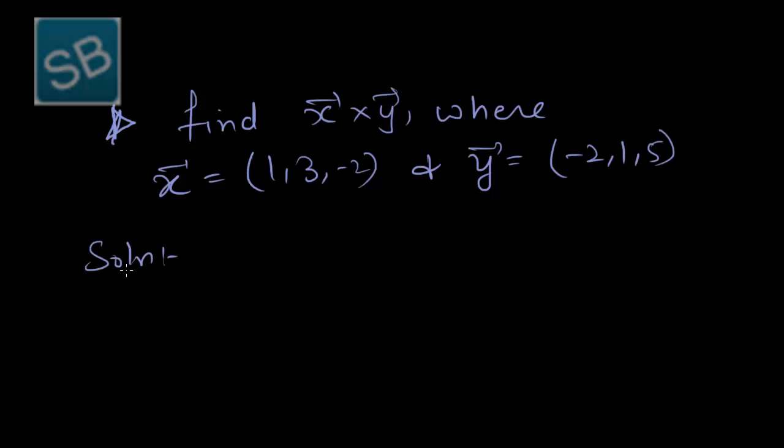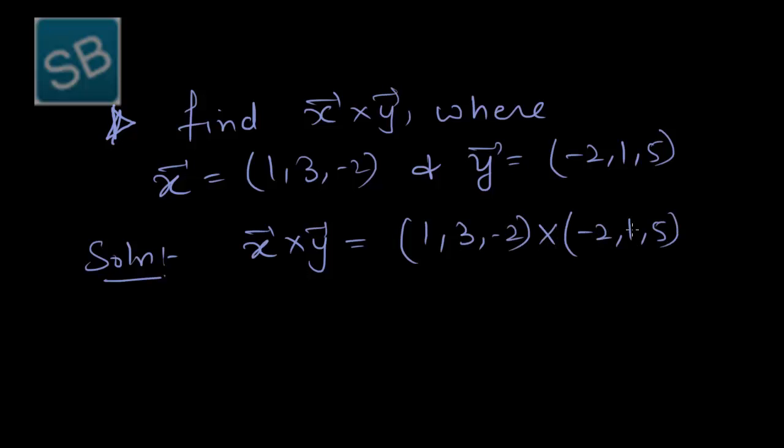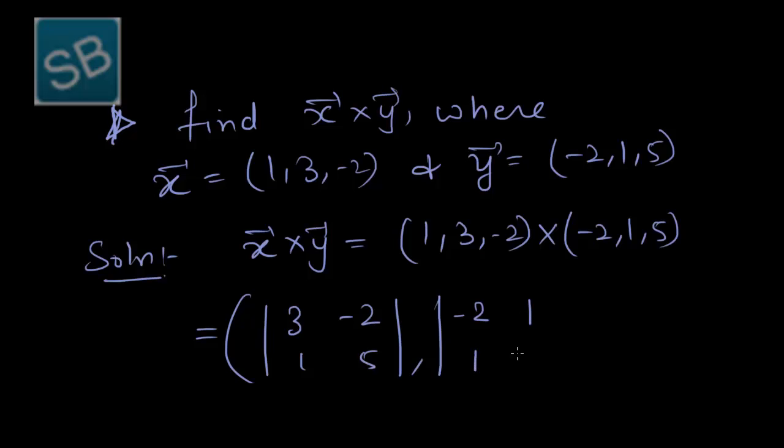So the solution is x cross y, that is (1, 3, minus 2) cross (minus 2, 1, 5), that is the determinant of x2, x3, y2, y3, then x3, x1, y3, y1, and x1, x2, and y1, y2.